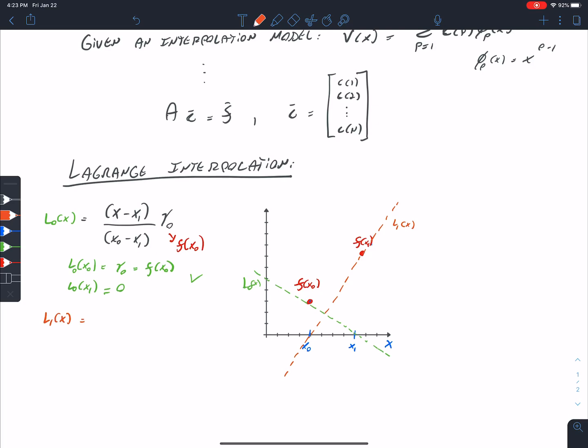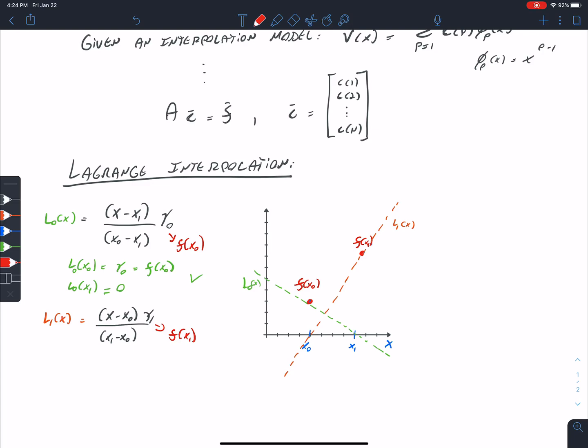This line is going to be, let me use the same color as above, x minus x0 divided by x1 minus x0, times y1, which, like before, we equate to y1 is our f of x1. It's shorter to write y1 instead, which again are given data points.